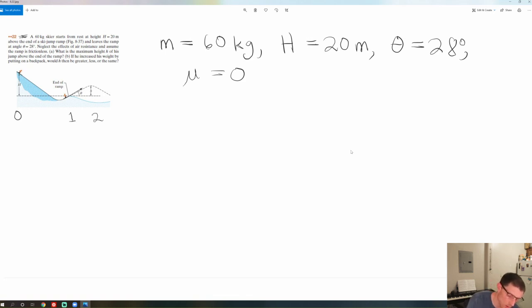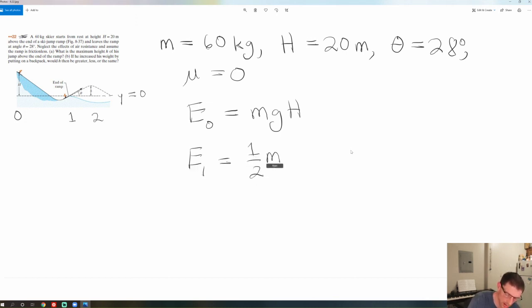So let's do this. The initial mechanical energy, right, is just going to be gravitational if we define our y equals 0 to be here. And I think that's a sensible choice. So what we would write here is just that this is mg big H. Then at 1, he's going to have some kinetic energy, right?